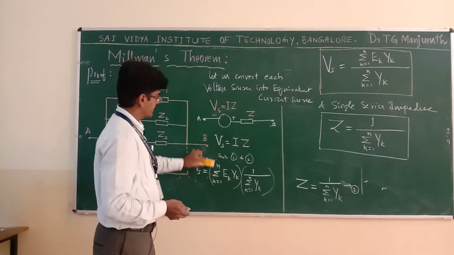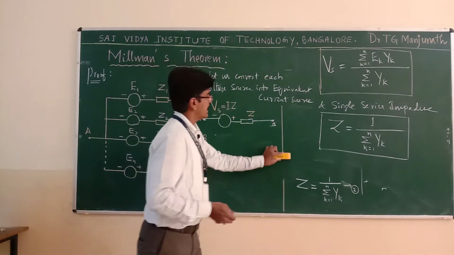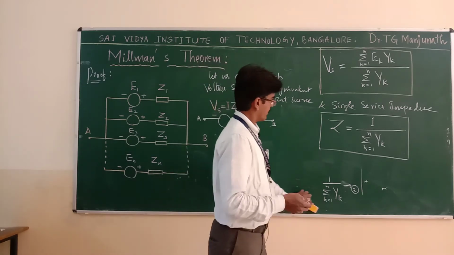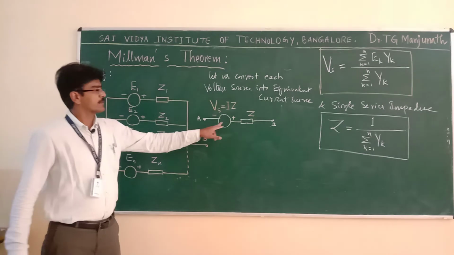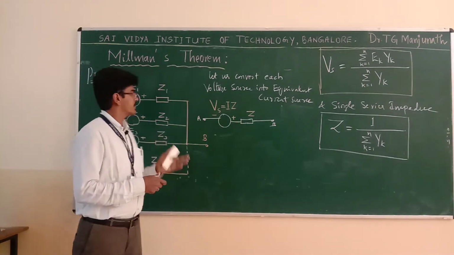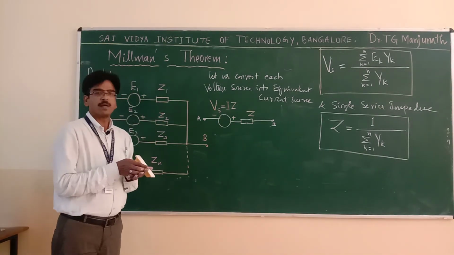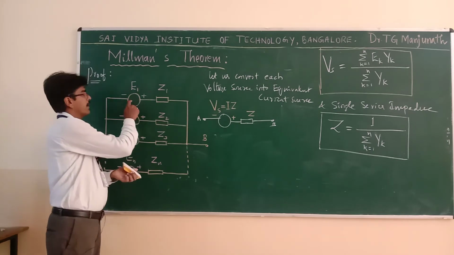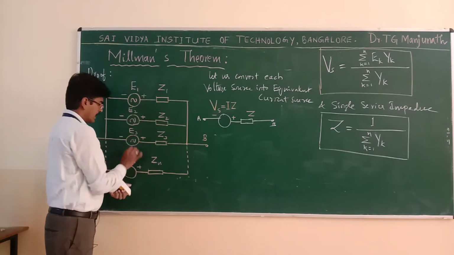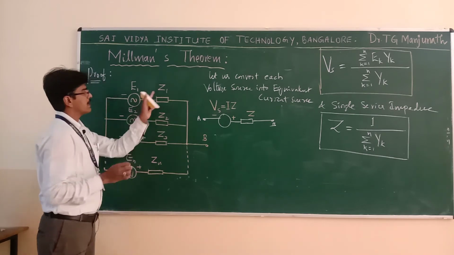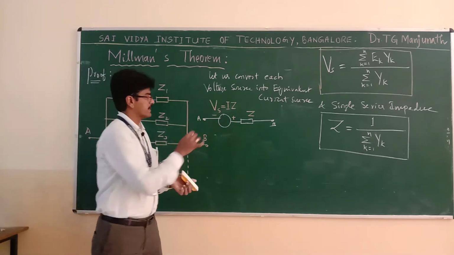You have converted the given network into a single voltage source in series with an impedance. Since I have considered impedance, this may be an AC source. It can be a DC source also, but since I have considered impedance, let it be AC.